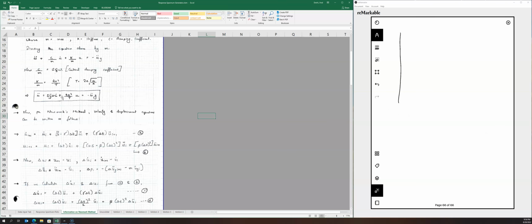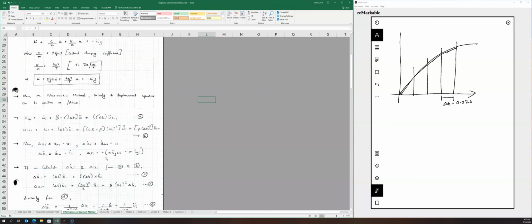If I take this curve and break it into small chunks, you can assume that it's linear in between these segments. It's a crude approximation, but remember that these time step intervals are extremely small. In the examples that I'm going to show you, I'm utilizing a time step of 0.02 seconds, which is a very small time step.